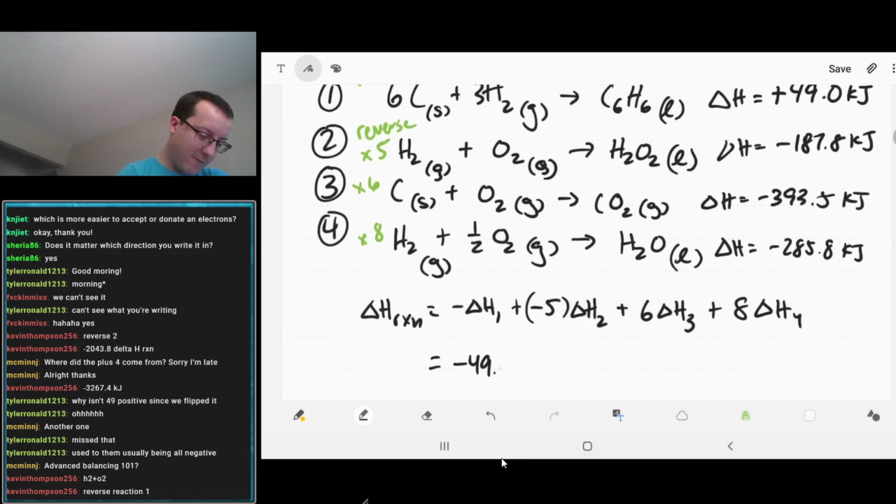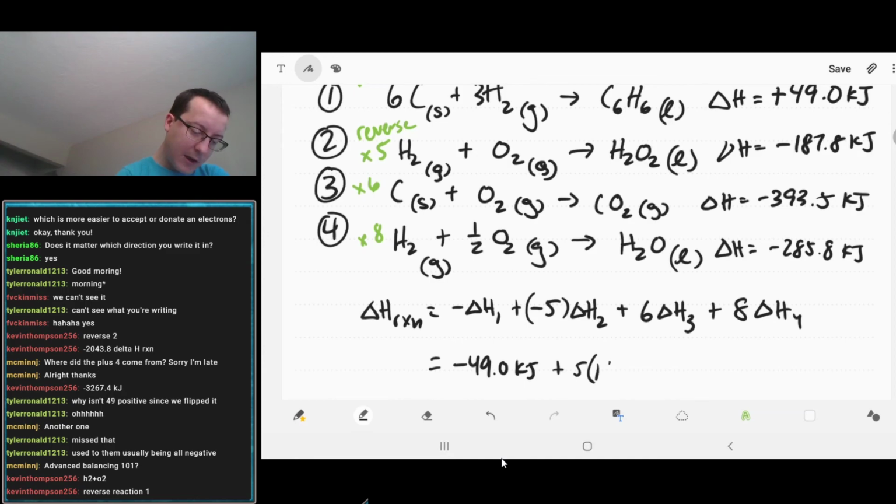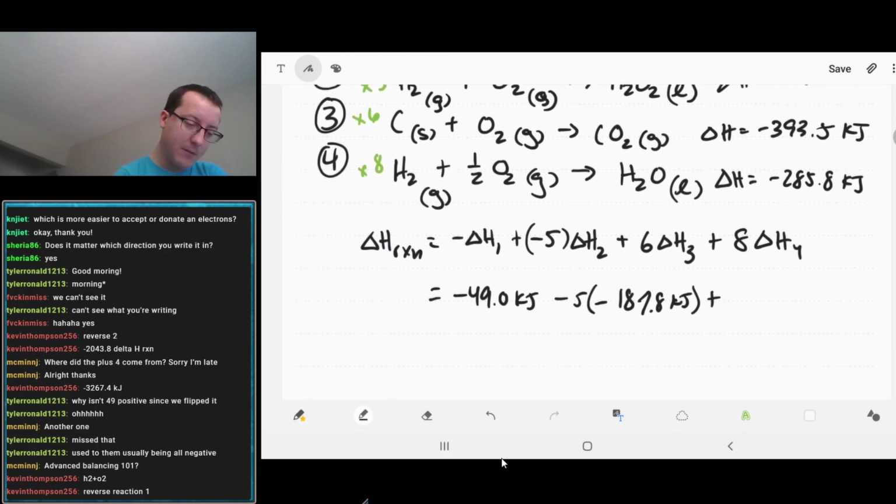So negative 49, minus, actually that one's going to be plus, isn't it? 5 times 187.8. I'm going to just keep that as minus, just so it's easier for us to follow. But I'm sure Kevin has already calculated it, but that's okay. I've run out of space.